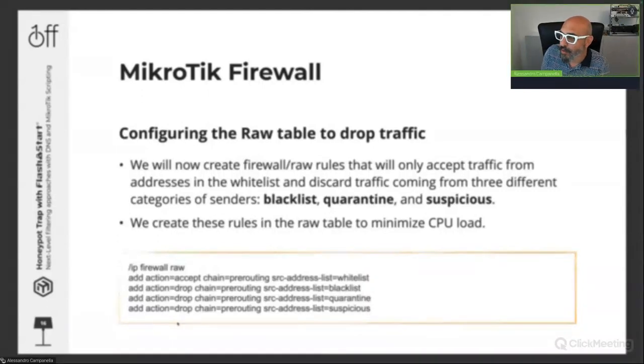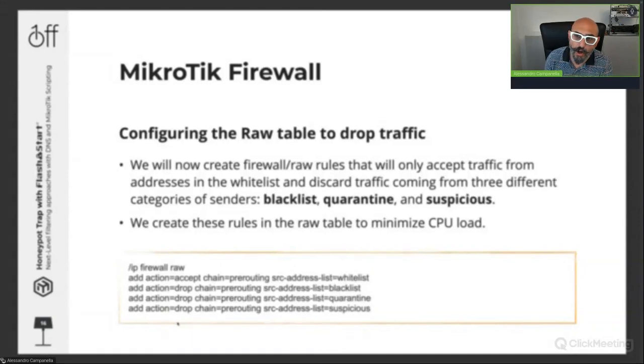Why raw? Raw is at the very beginning of the firewall process. It means it utilizes little CPU during the filtering of the traffic. So I want to prevent all the traffic coming from the blacklist, quarantine, and suspicious lists we are going to create now from entering the router.